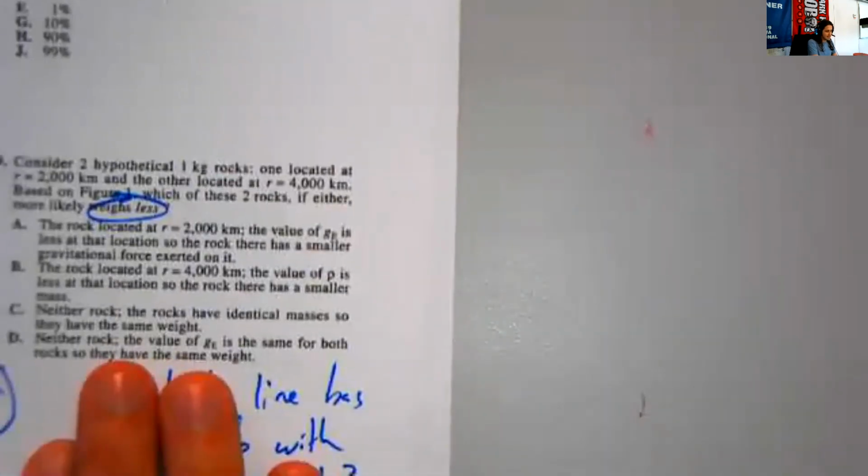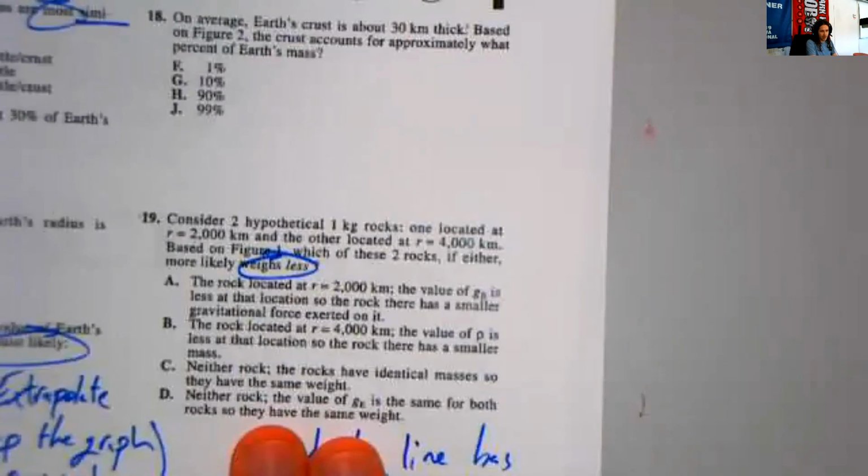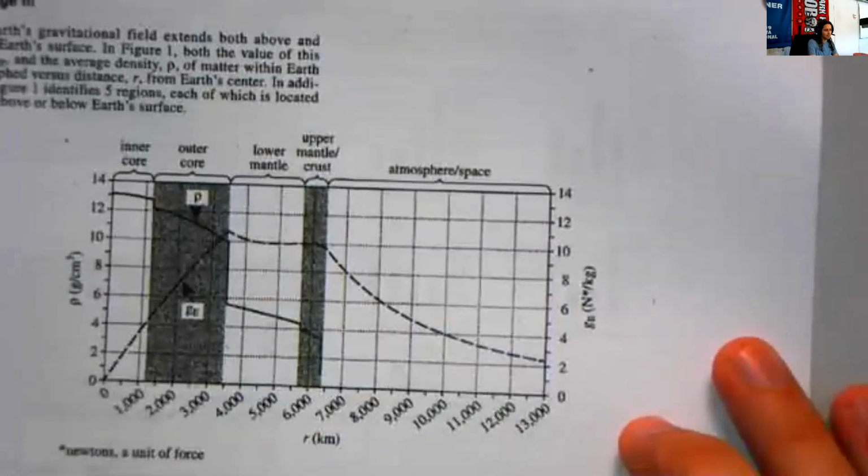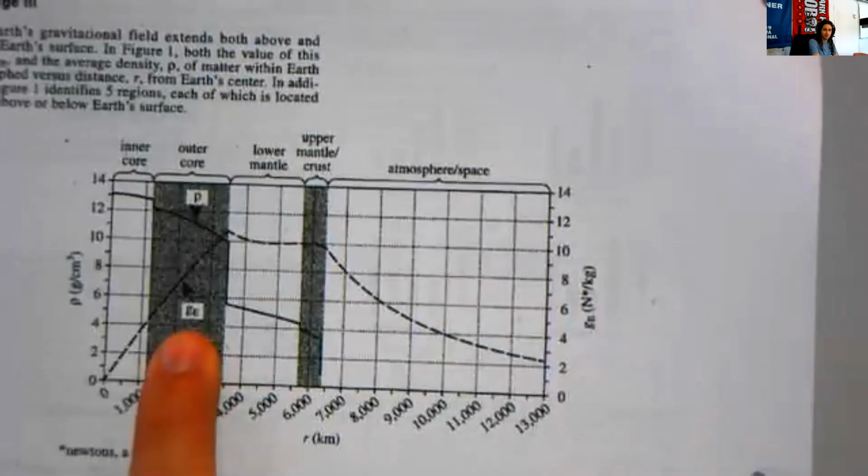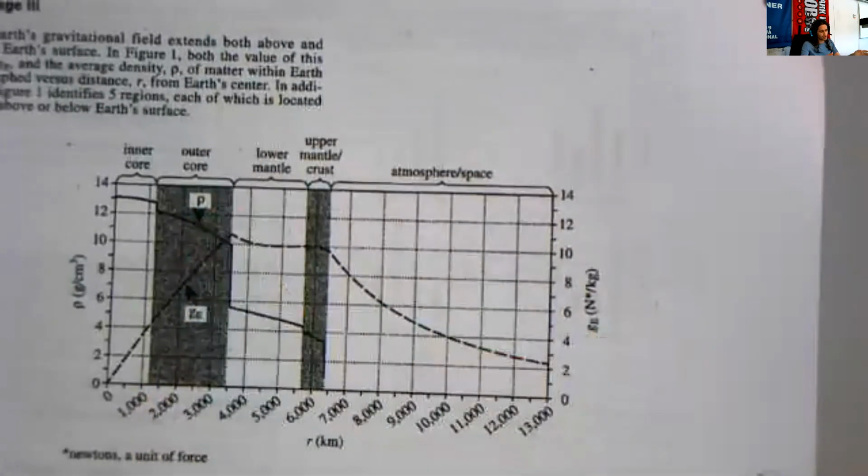Keep that going. And number 19, it's talking about weight. It says you need to look at the graph and what matters about weight. I will suggest that the distinction you need to make is between the gravitational field or density. One of those is going to affect the weight. One of those is not.